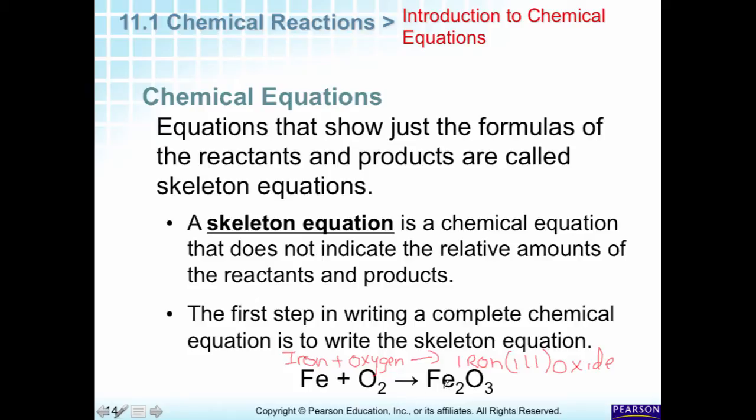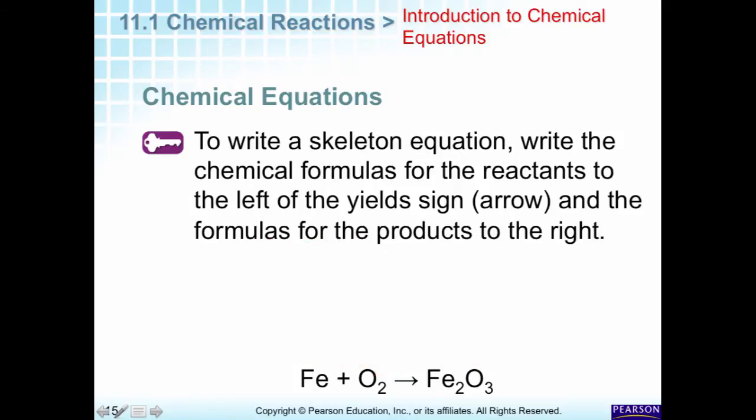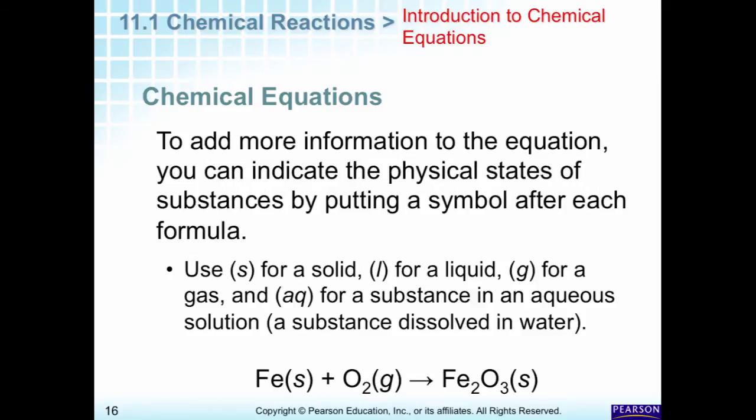This equation is not telling us that. I thought equation means equal, right? So there has to be something more, because the skeleton equation does not indicate relative amounts of reactants and products. It's basically taking the word equation and putting it in the formula, and that's what we just did. So let's go and get some more information.